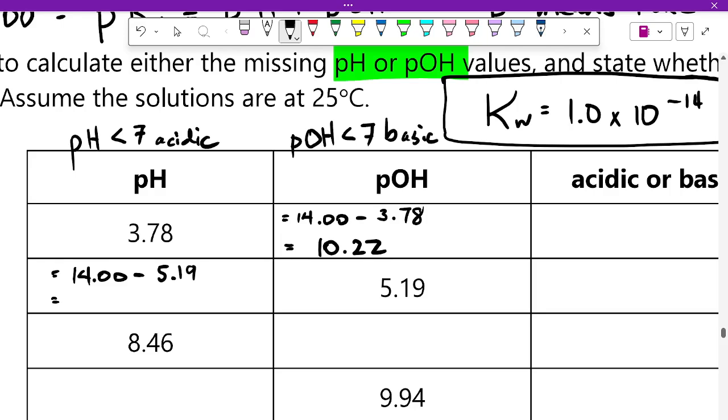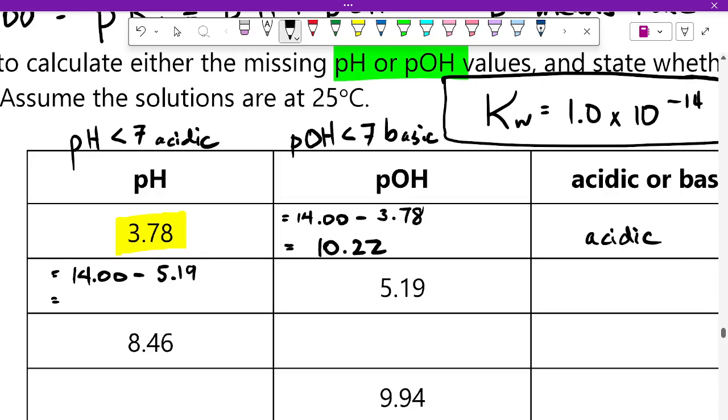And pOH greater than 7 is acidic. So we look and we say, my pH is low, therefore it is acidic. It kind of almost goes opposite of what you might think, right? You're like, hydrogen, the pH is low, therefore it must be basic. But no, if the pH is low, hydrogen ion concentration is high.